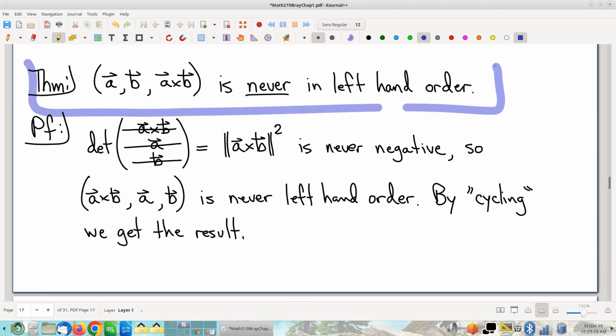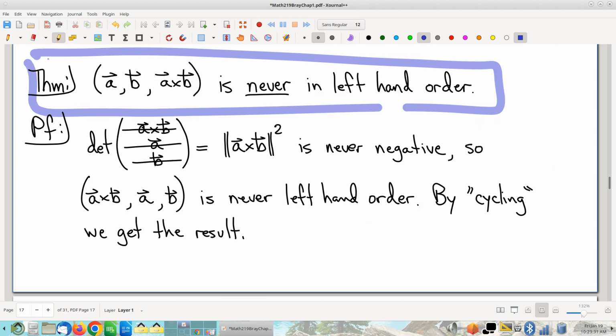Next result, and again, too bad we don't have time to go through these arguments. But this listing is, and I'm going to first state this incorrectly because that's the way people tend to think about it, this list is always in right-hand order, again, as people like to think of it. Now, technically, again, always the possibility something's 0. There is no right-hand order, et cetera, et cetera.